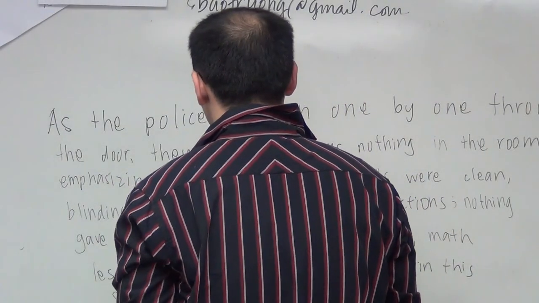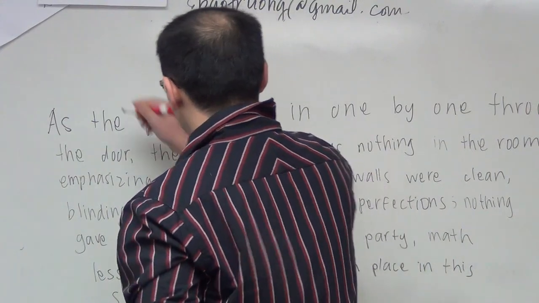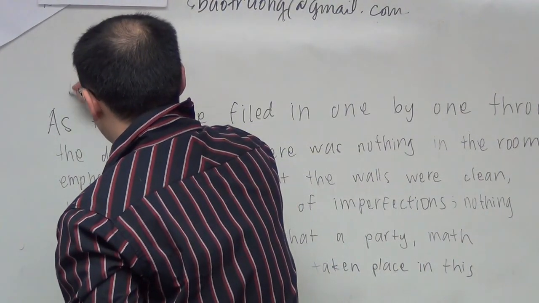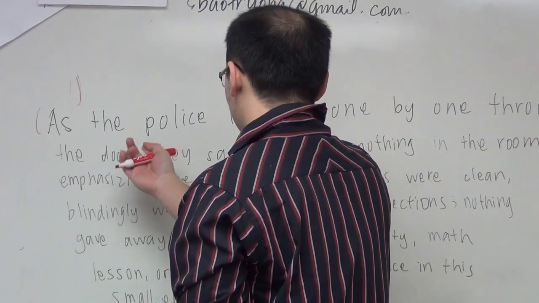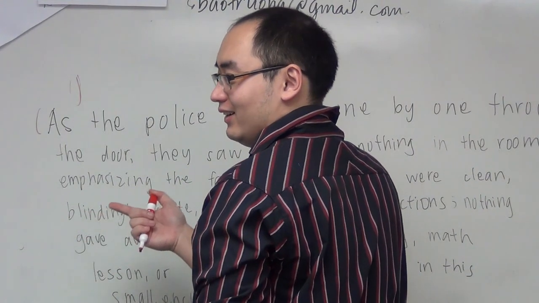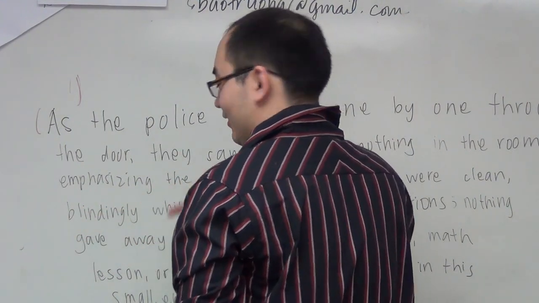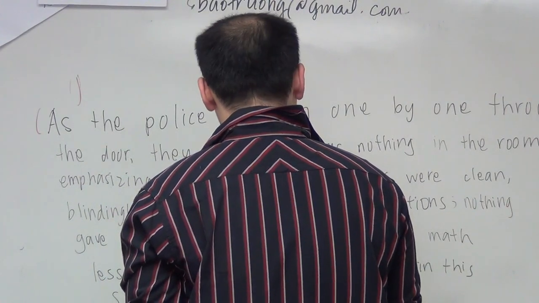There's a police. So there's nothing. So Rachel used the as if structure, which we just learned last week. Besides the fact that the walls were clean, white.